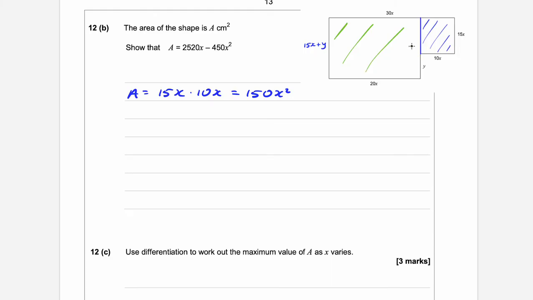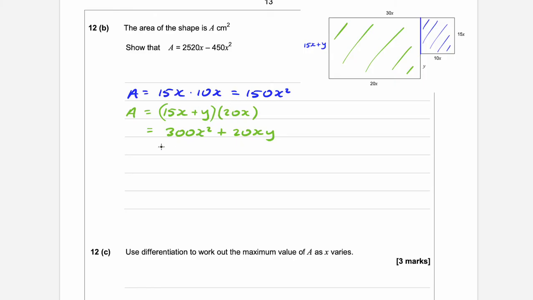The green area is 15x plus y, times 20x, and that equals 15 times 20 is 300, so 300x squared plus 20xy, because I just did the 20x times the y.